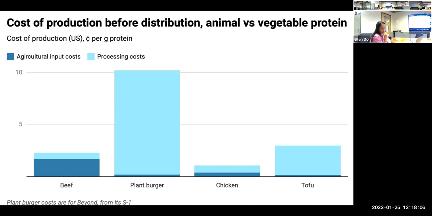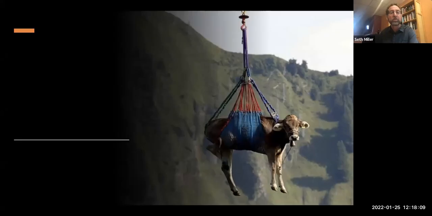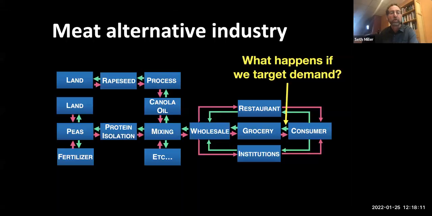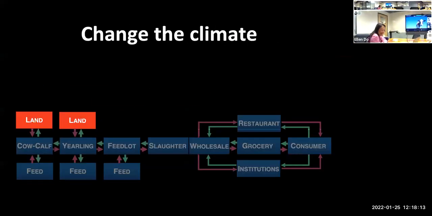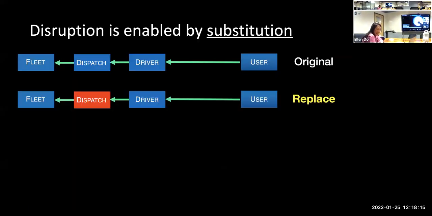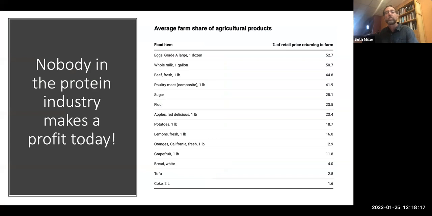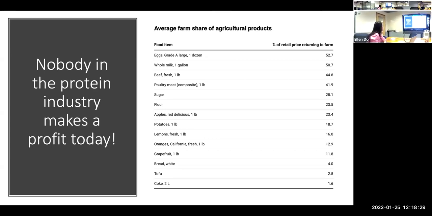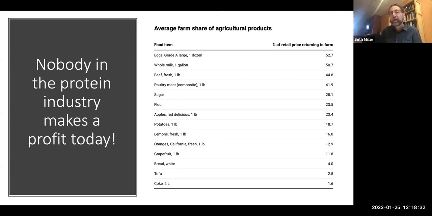And if you would like a crazy fact, I'm going to go to my extra slides here. This is going to be small print. This is a table of the farm share, and everybody's going to have to get their heads close to the screen, I'm afraid, to see this. This represents the percent of retail price that goes to the farm.